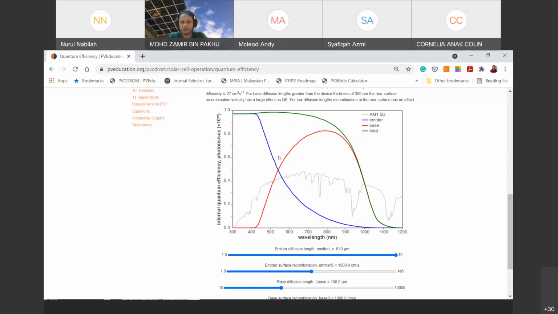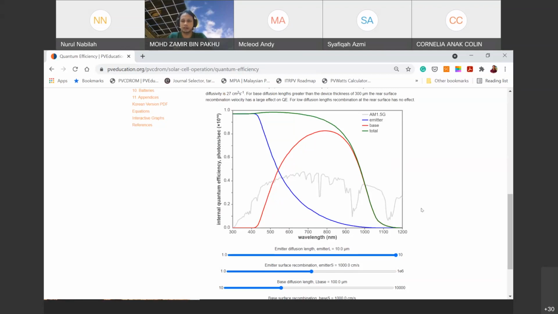So it's the summation of the EQE of the two regions, N-type, the blue one, and P-type, the red one. So N-type is the emitter on the surface, and the red one is the base or the wafer. So adding blue to red will give you green.